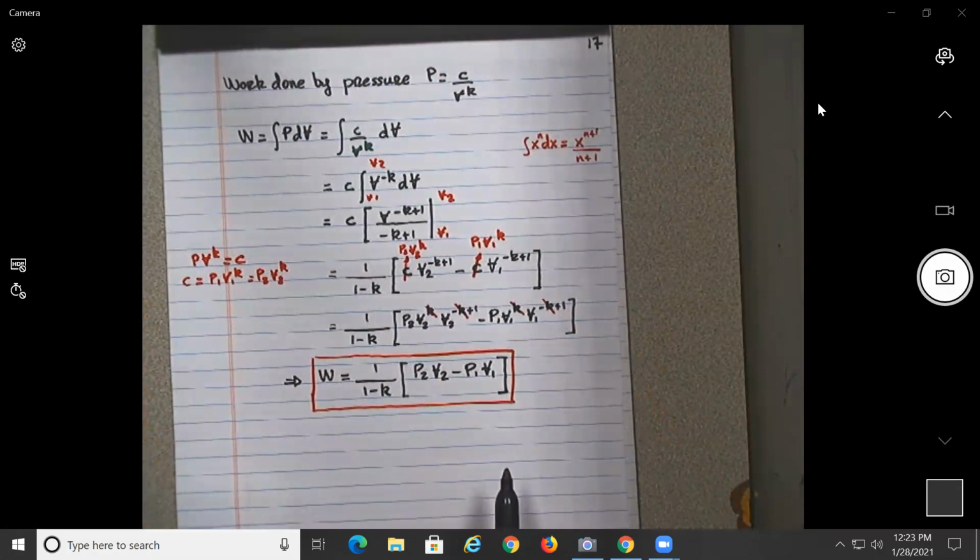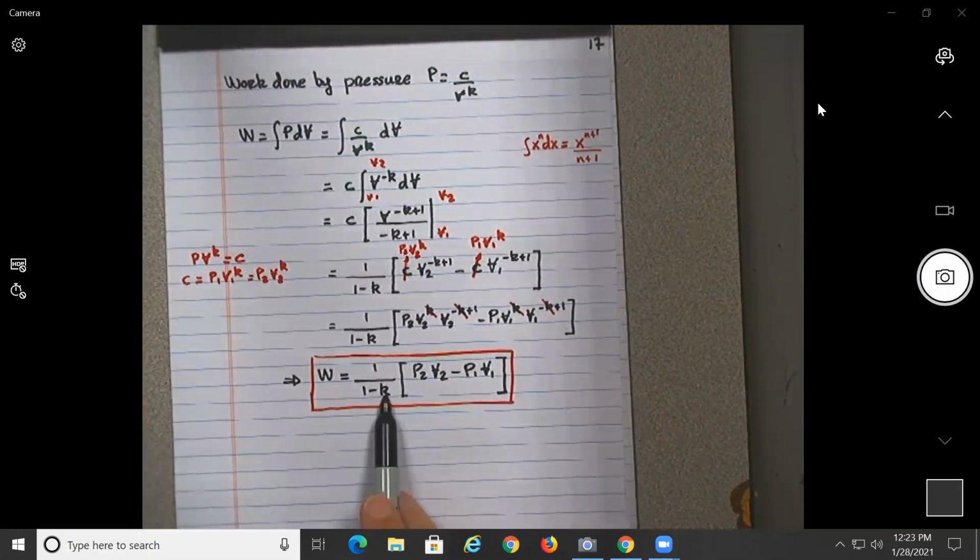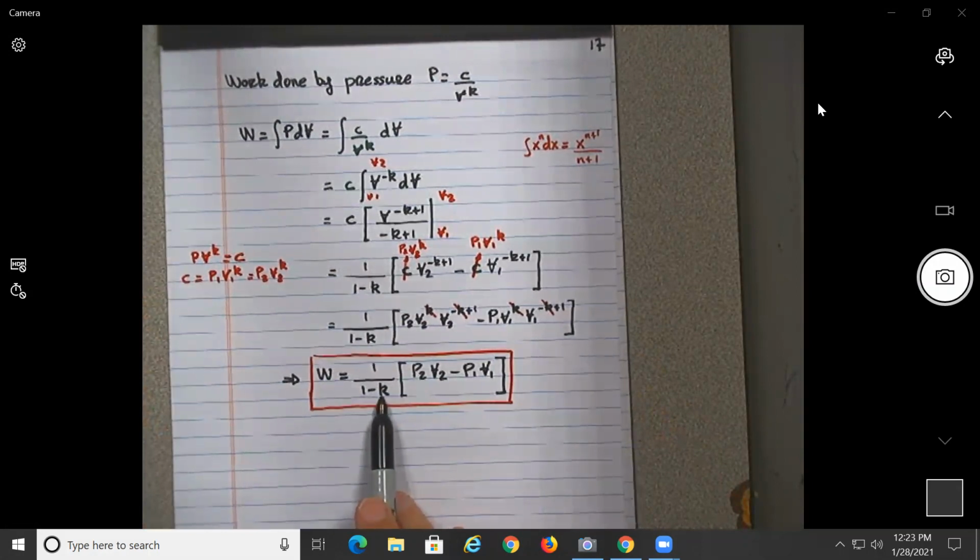Okay, so the work done for a polytropic process when K is different than 0, and maybe here, can it be 1? No, because you will see it will be 0, no? So it becomes infinite.